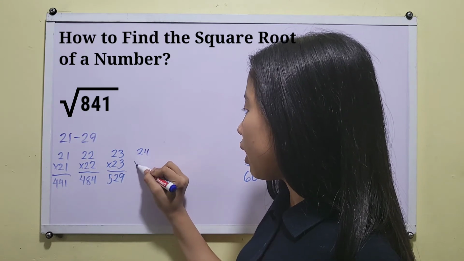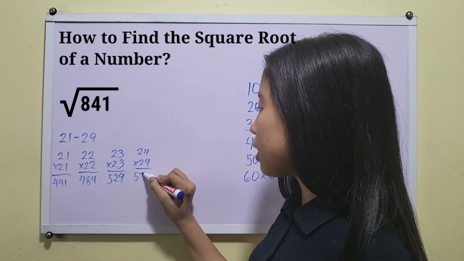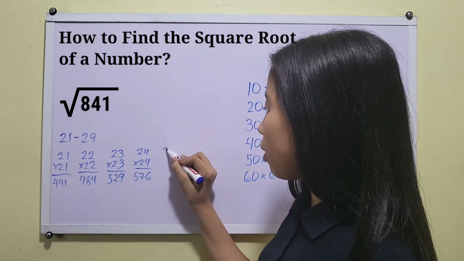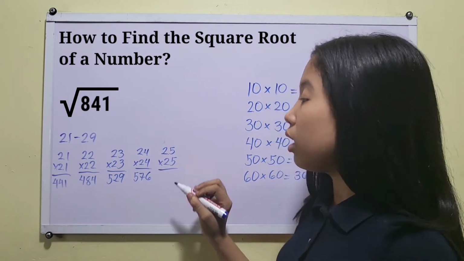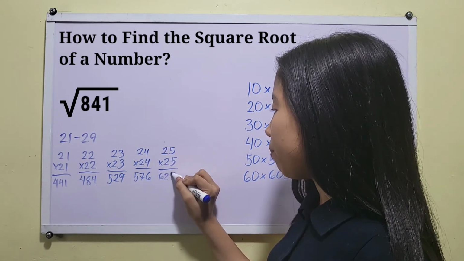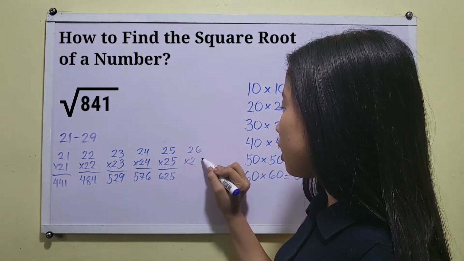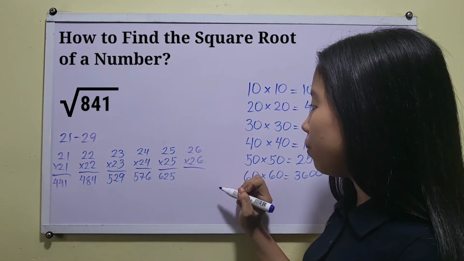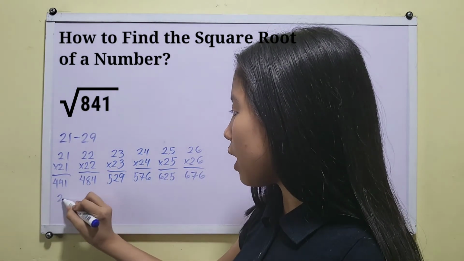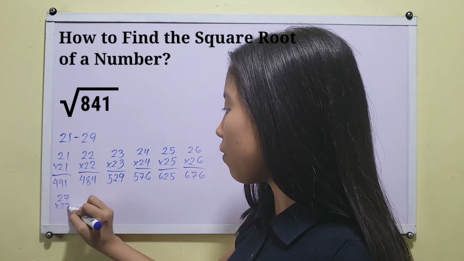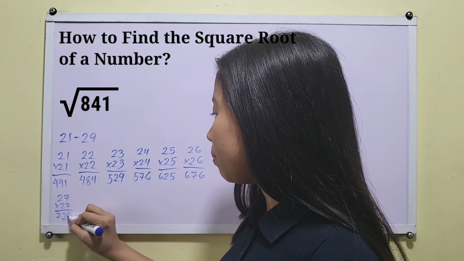24 times 24 is equal to 576. 25 times 25 is equal to 625. 26 times 26 is equal to 676. 27 times 27 is equal to 729.